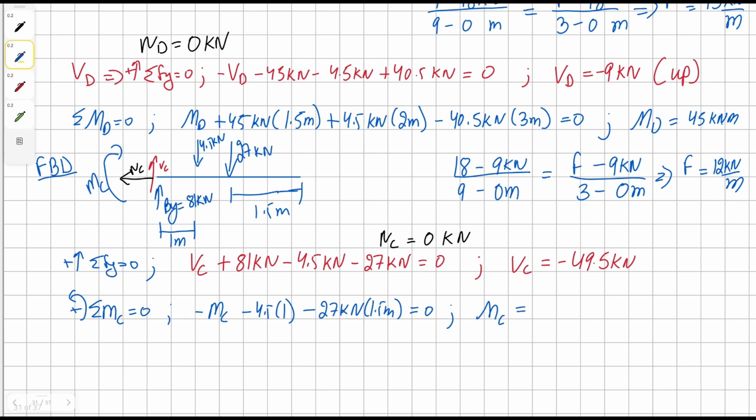Solving for moment at C, we get our solution as negative 45 kilonewton meter. This means moment C should be counterclockwise.